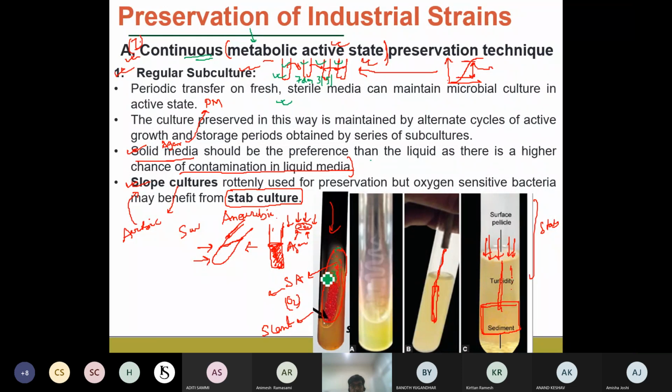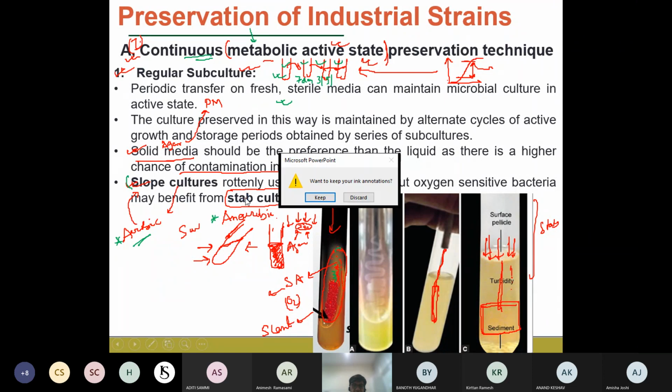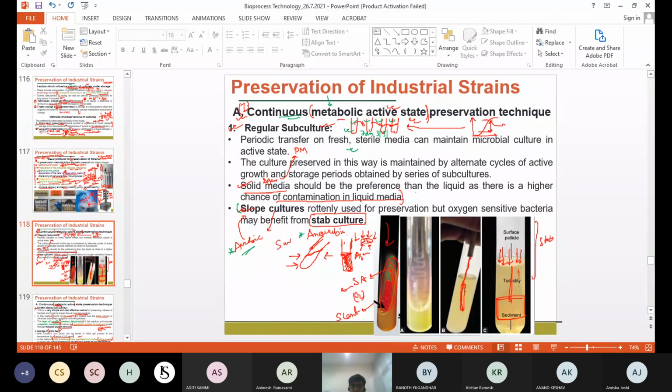Depending upon the type of bacteria or microorganisms we have, either aerobic or anaerobic, we can selectively choose which type of culture we will go for: either a slope culture or a stab culture. So can anyone tell me, if it is an anaerobic bacteria, which type of solid media culture will you go for? Will you go for the slope culture or the stab culture?